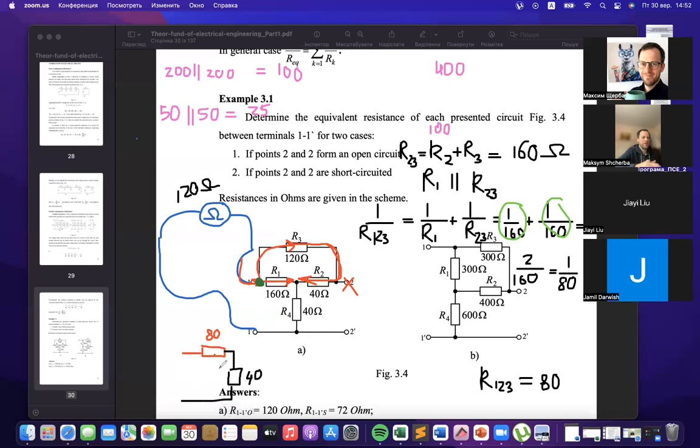Here is the answer. Do you have any questions? How did we find the resistivity of the circle? No. Is everything clear? Yeah, clear. Thanks. Okay, perfect. How about you, Jamil? Is everything clear?